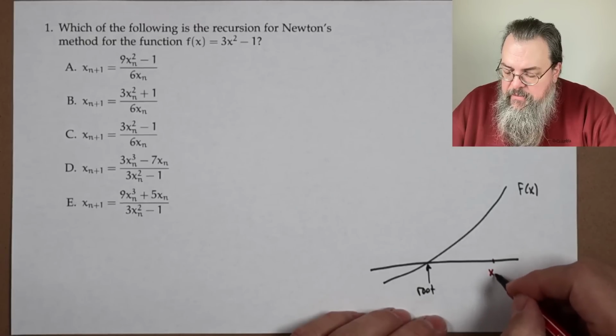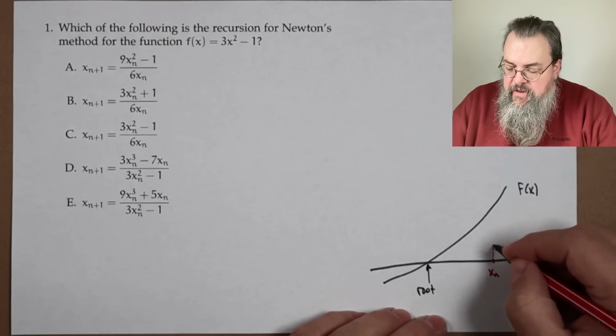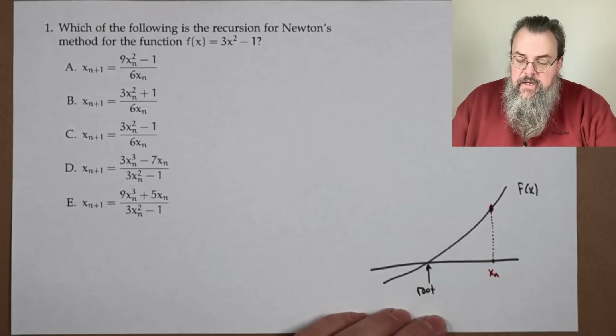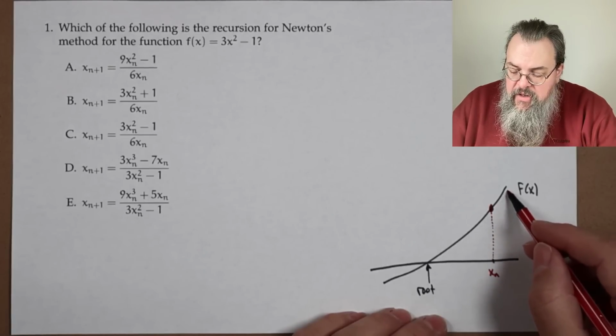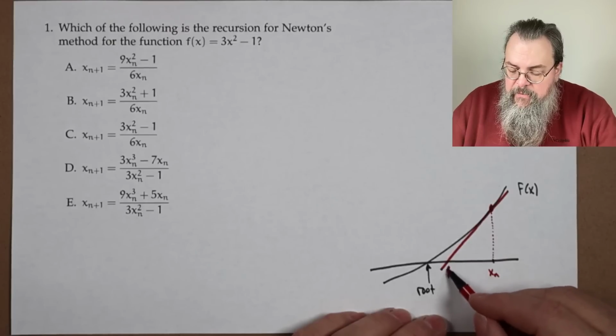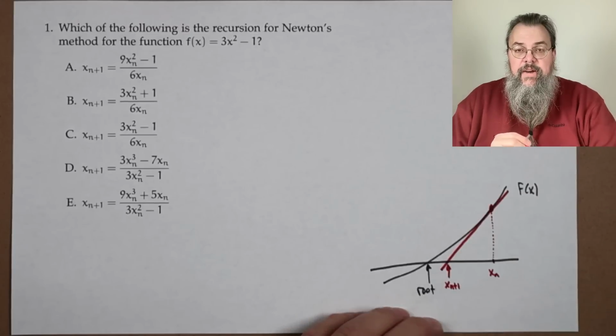We'll label it our nth guess. And what we're going to do is get a better guess. This is where we currently are, but locally it's flat. So we can take advantage of that and follow it down and say, where do we hit? And that's our next guess. So we're following the tangent line down.